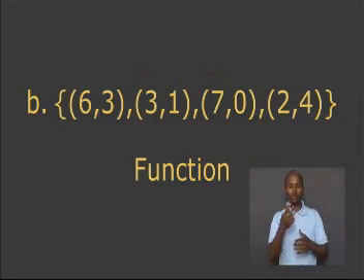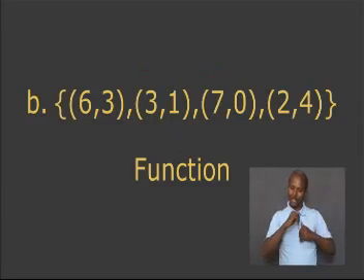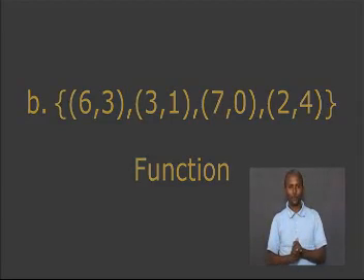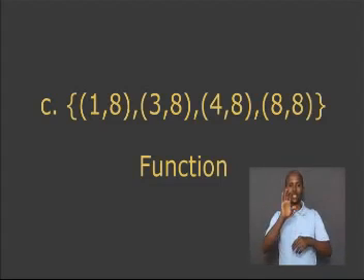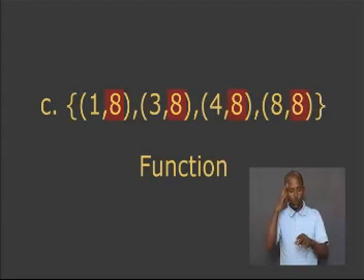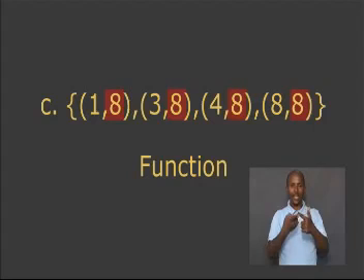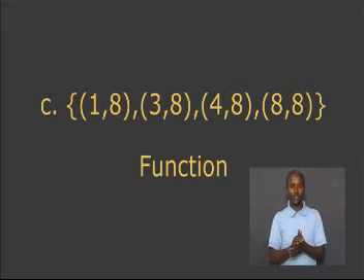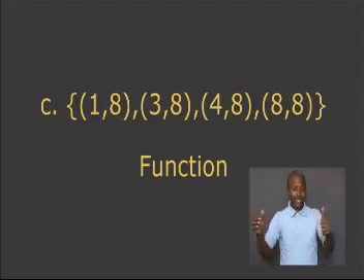None of its ordered pairs have the same first element. Relation C looks as if it is not a function because all of its ordered pairs share their second element. But C actually is a function. Functions can share their second element just as long as they do not share their first element.